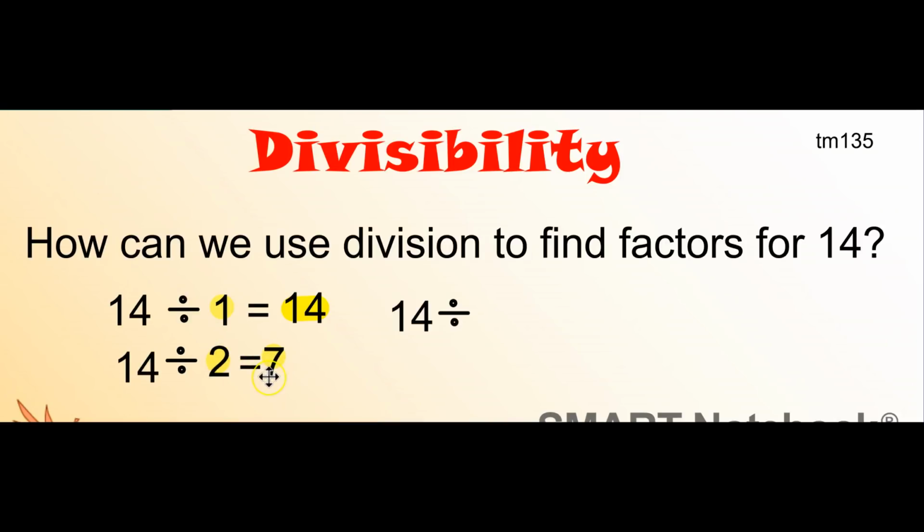I already have that factor pair. 8, 9, 10, 11, 12, 13, 14. I already have 14 divided by 1 equals 14, so 14 divided by 14 equals 1. I already have that factor pair. We have two factor pairs for the number 14. We used divisibility to find them.